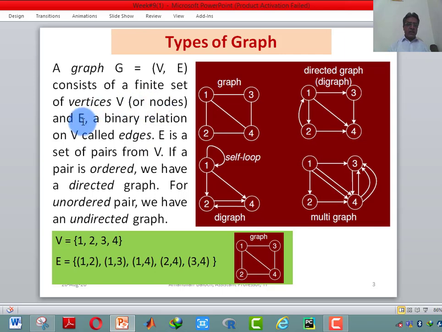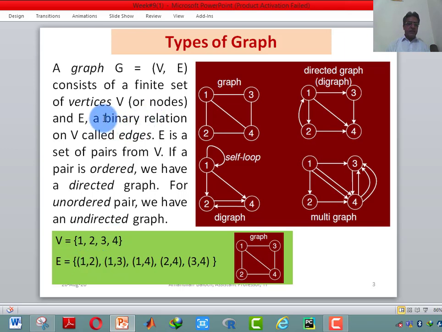Vertices are nodes, and E is a binary relation, because an edge is represented with the collection of 2 nodes or 2 vertices, 1 and 2. In between these 2 nodes there is an edge. So when we represent an edge, we mention the 2 vertices. In between these 2 vertices, the edge exists.